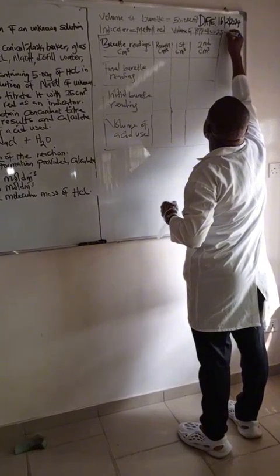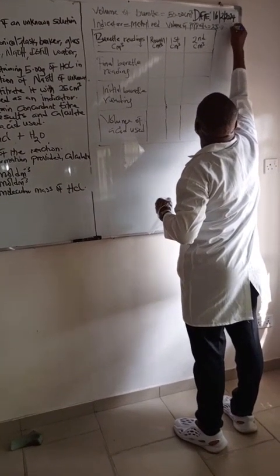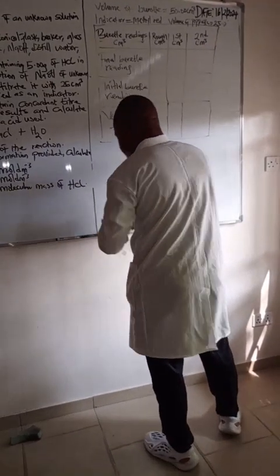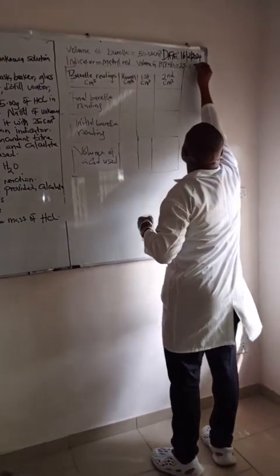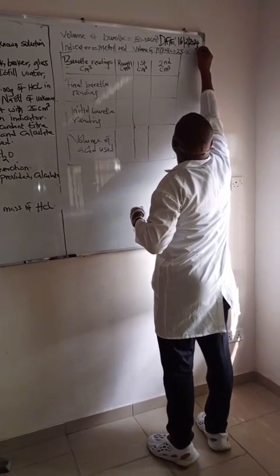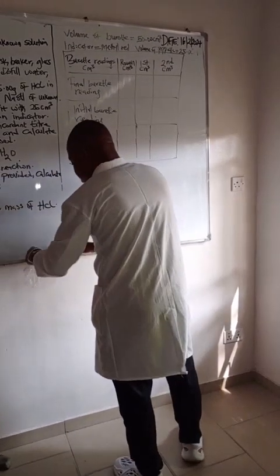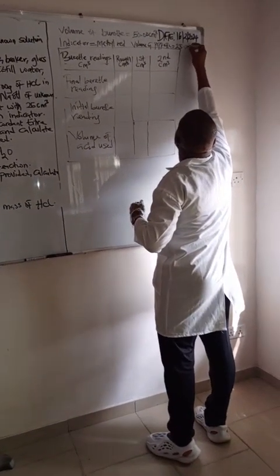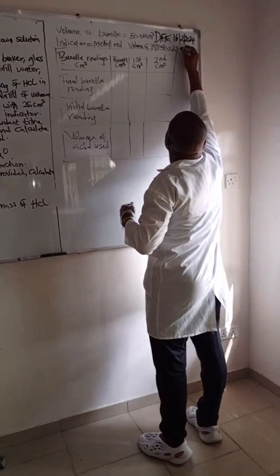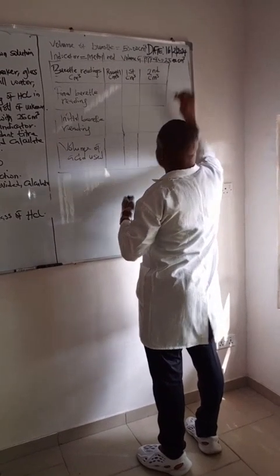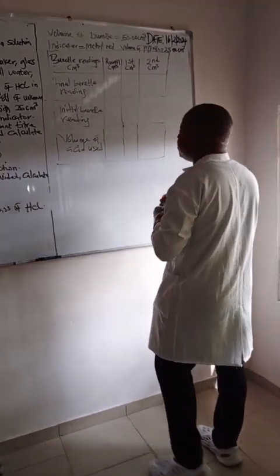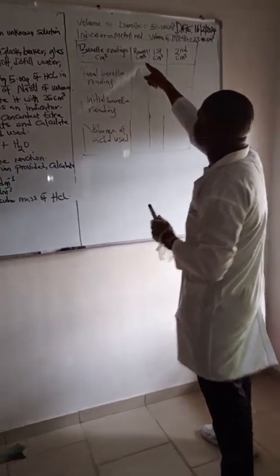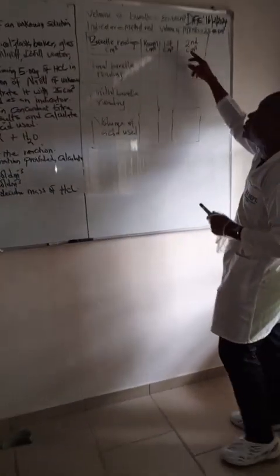Now the volume of pipette is 25.00 cm cube. That is our volume of pipette, 25.00 cm cube. So now this is our rough in cm cube, our first in cm cube, our second in cm cube.